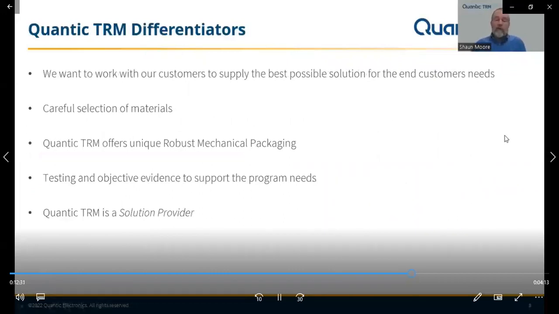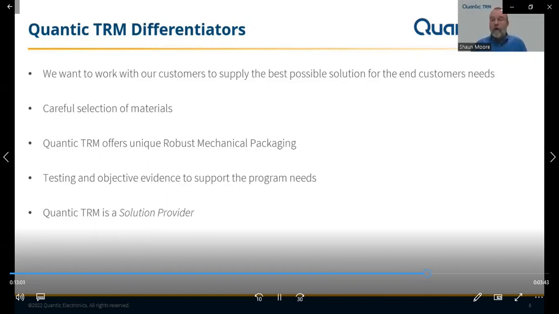Sure. So basically, a big piece of Quantic TRM is that we want to work with our customers. We want to make sure that our customers are successful, because if our customers are successful, that means that we can be successful. Basically, what we like to do is go out and speak to our customers, find out what their application is, so we can work together to make sure that we have the best possible solution for that particular need.